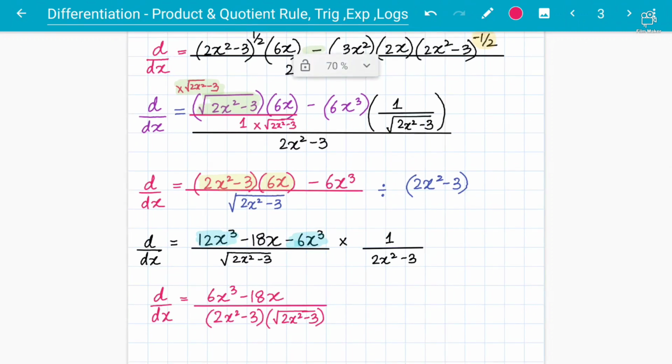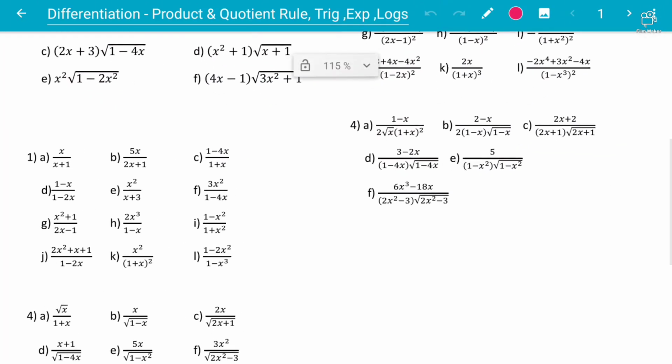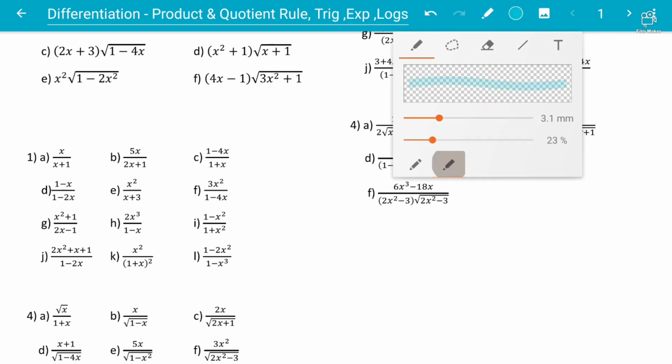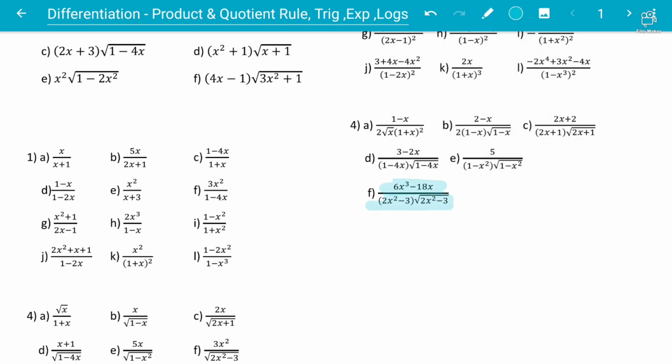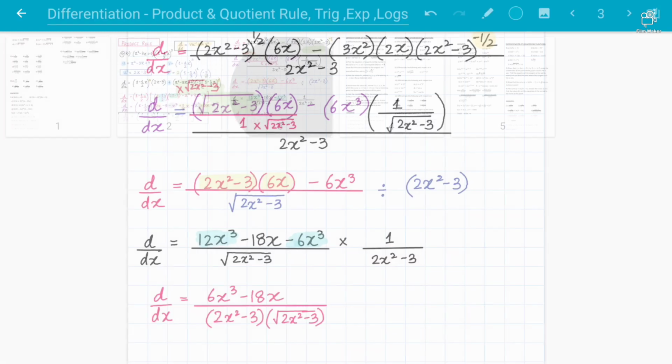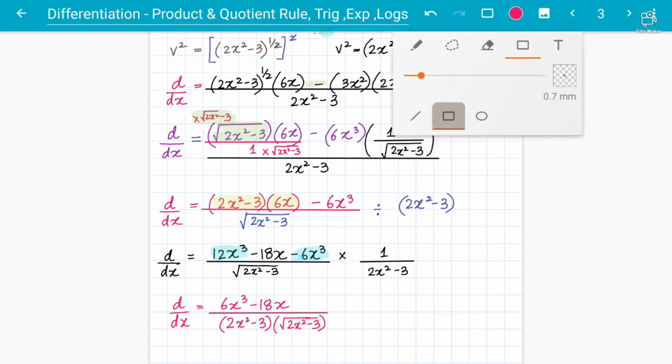Okay, so let's check the answer. This should be our answer. It is 6x cube minus 18x divided by 2x square minus 3 into square root of 2x square minus 3. So the answer is correct, and that is how you do the quotient rule.